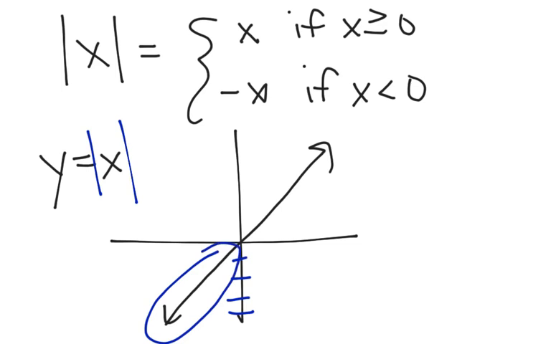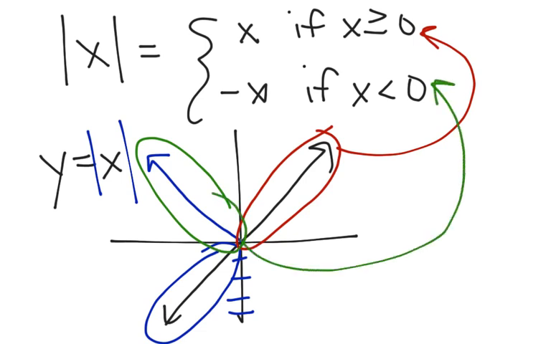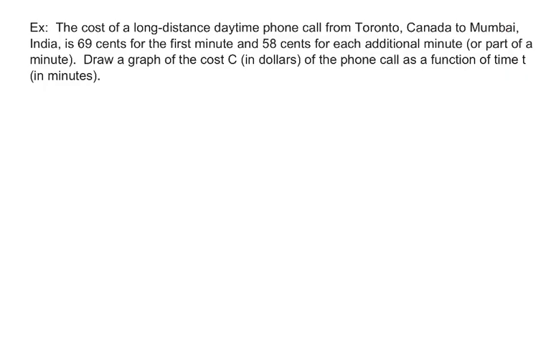It takes this portion of the graph and it basically reflects it over the x-axis. So now you have these two functions. This is the graph of y equals x, but only when x is greater than or equal to 0. And this is the graph of y equals negative x, but when x is less than or equal to 0. Or sorry, not equal, just less than 0.